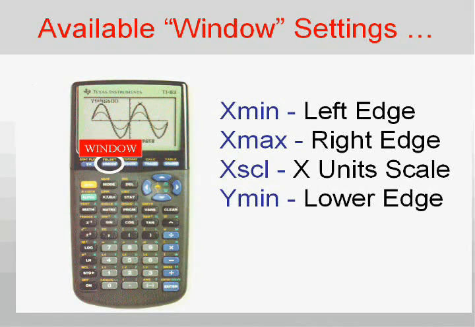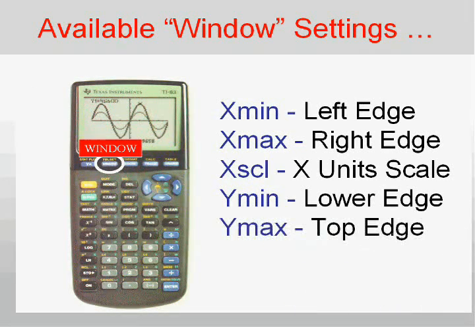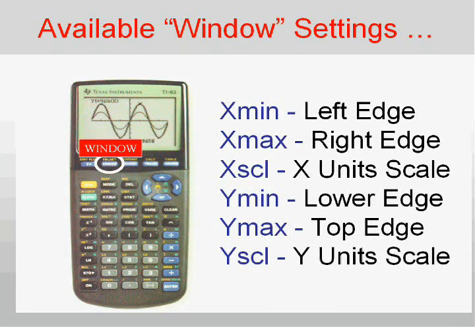The y-minimum, which is what we manipulated there. The y-maximum, that's the top edge. And the y-scale. Unless you have some other reason, where your x's are much larger than your y's or whatever, you're not going to want to change the scales, at least at this point. But, as you can see, if you wanted to move up, you're going to change your y maxes and mins. And if you wanted to move to the left or right, you'd change your x mins and maxes.